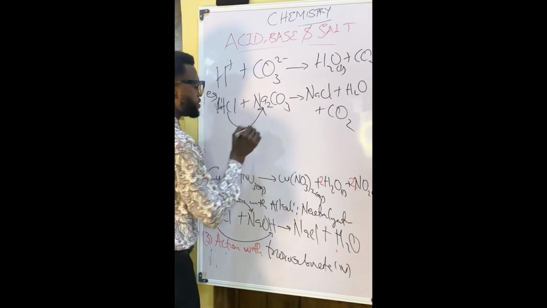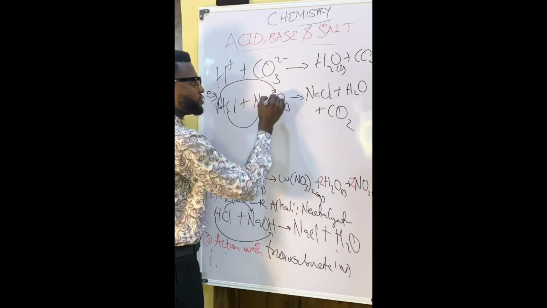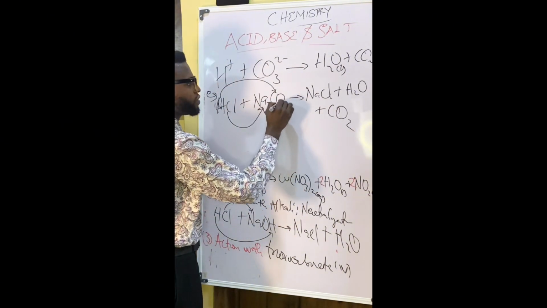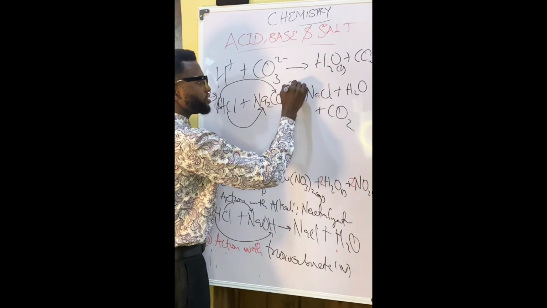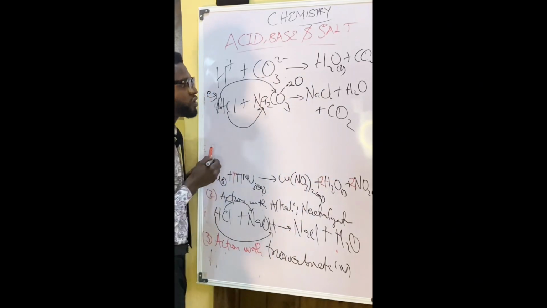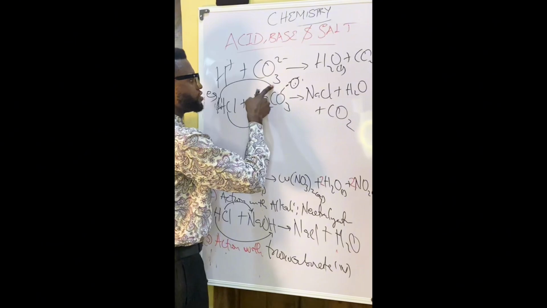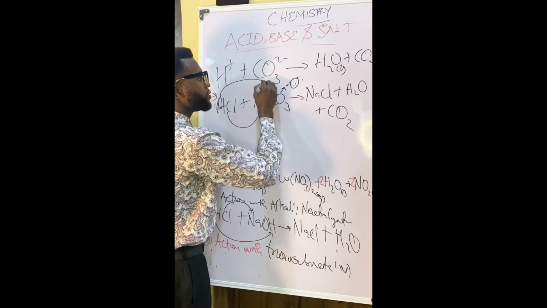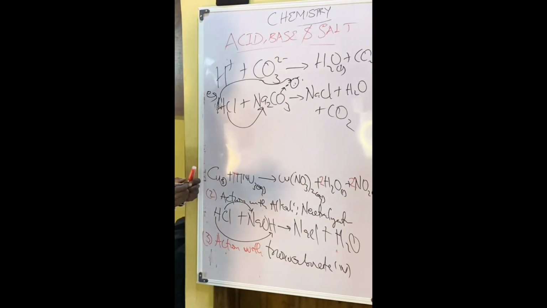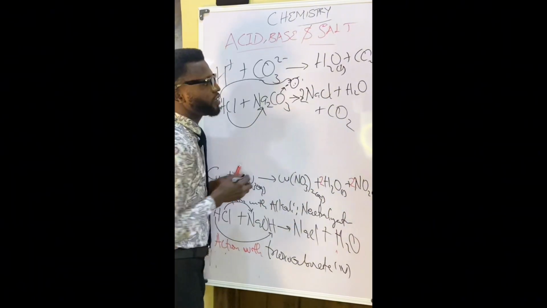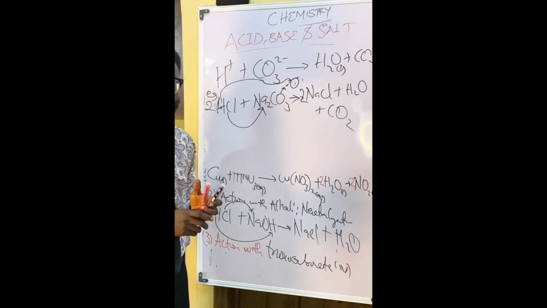That is, this goes with this, and then this goes with this. So remember that one oxygen is leaving to give you water. So in that case, we balance it by putting 2 here. We balance it by putting 2 here. And that balances the equation.